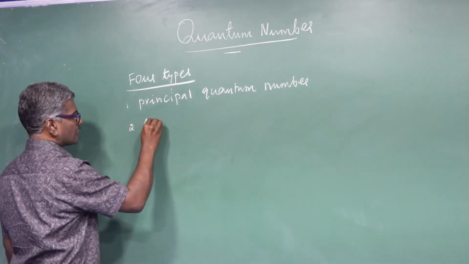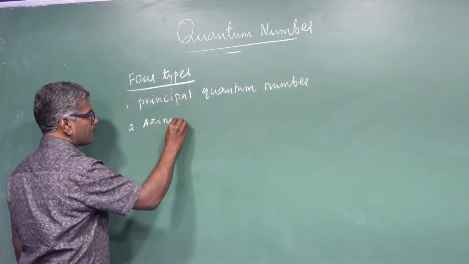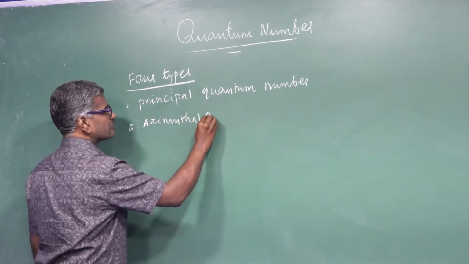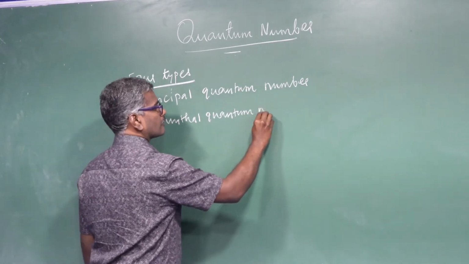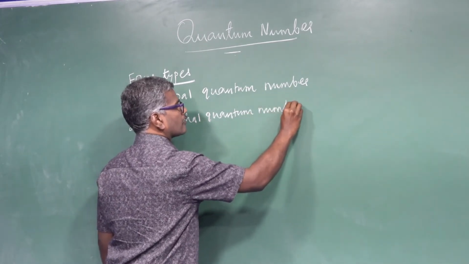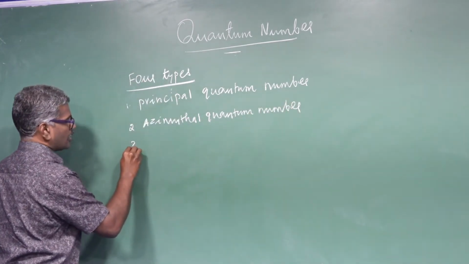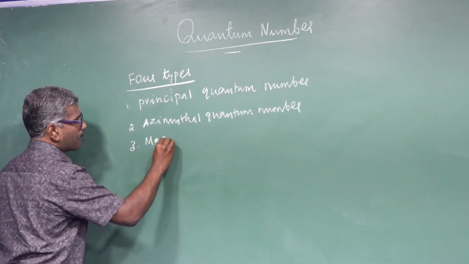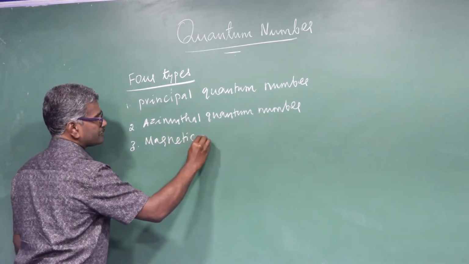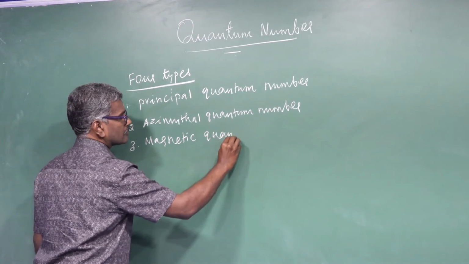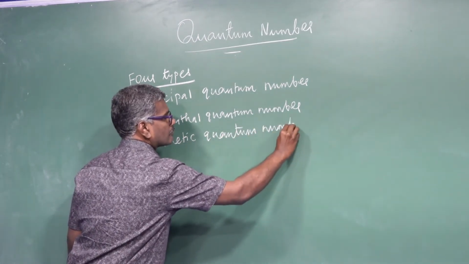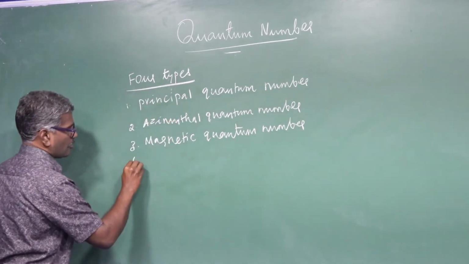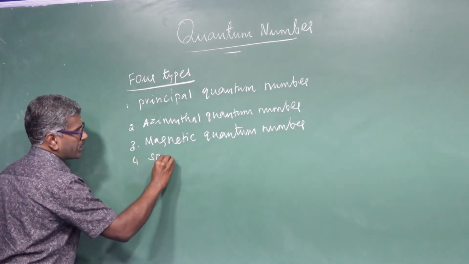Second one, azimuthal quantum number. Third one, magnetic quantum number. Fourth one, spin quantum number.